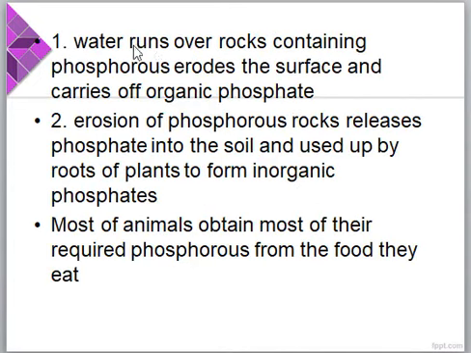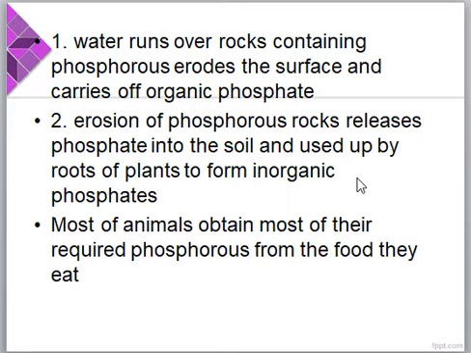First, water runs over rocks containing phosphorus, erodes the surface, and carries off organic phosphates. The erosion of phosphorus rocks will then release phosphate into the soil, used up by roots of plants to form inorganic phosphates. And these are inorganic phosphates in the plants.